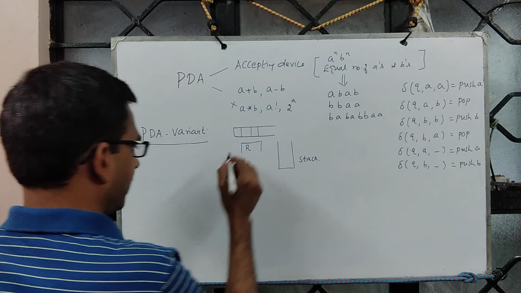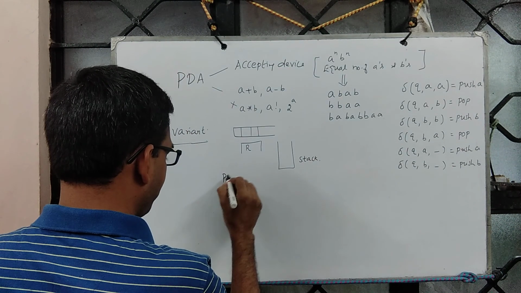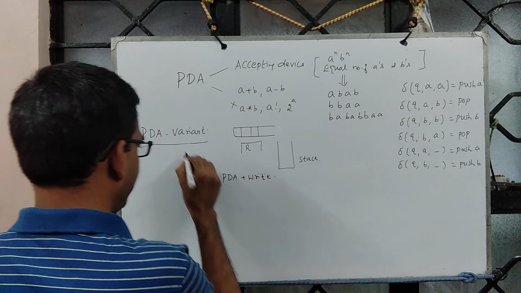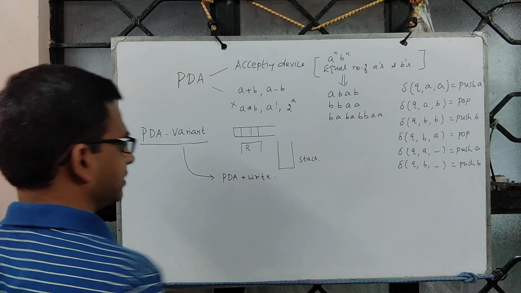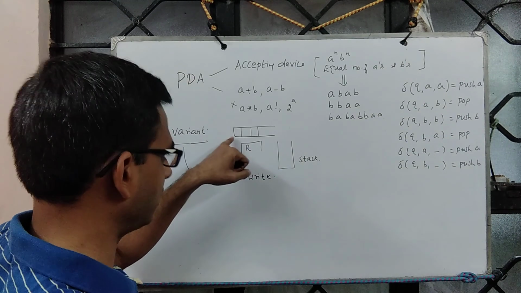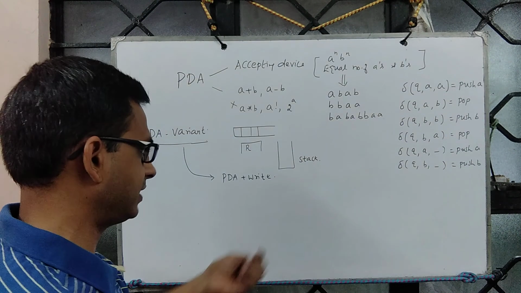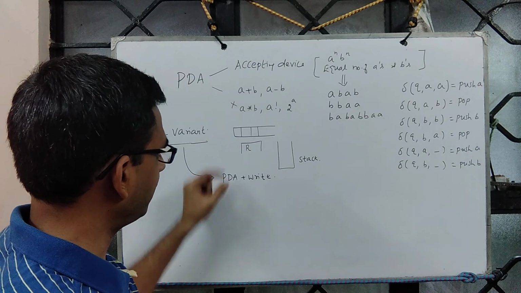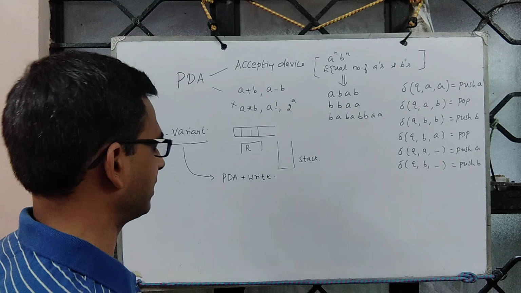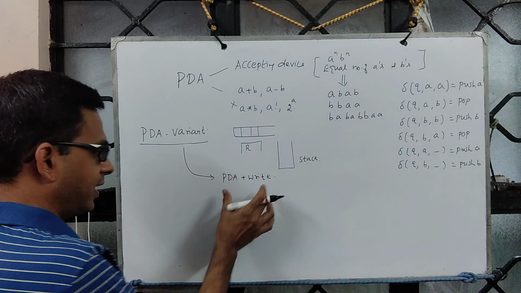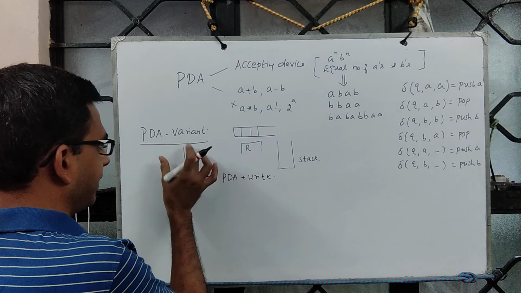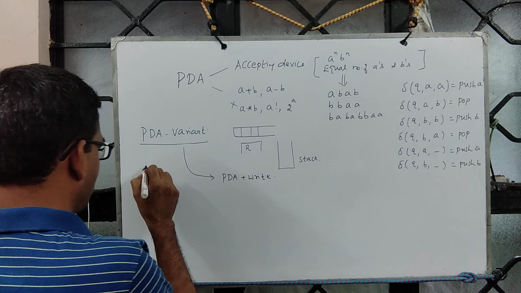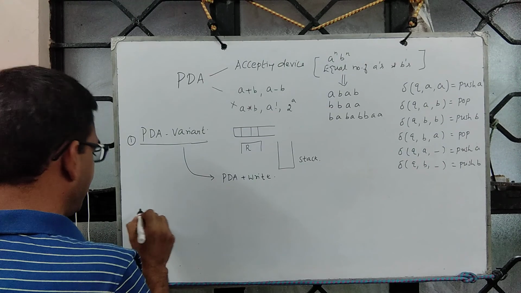Now what I do, I also allow write operation. So PDA variant is PDA plus write operation, write on the tape itself. As such, it can write on stack, and now I am permitting PDA to write on the input tape itself. Now, are there languages that can be accepted by the PDA variant but not by PDA? So that's one form of variant.